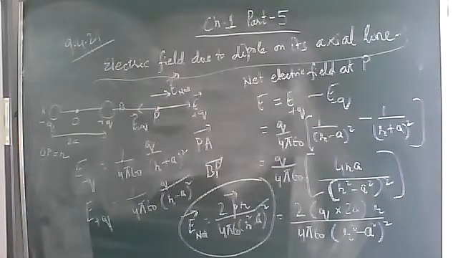So you have to find out the electric field due to minus Q charge, due to plus Q charge at a point P which is lying on the axial line. Find out the electric field. Okay, and as electric field is a vector quantity, see its direction.